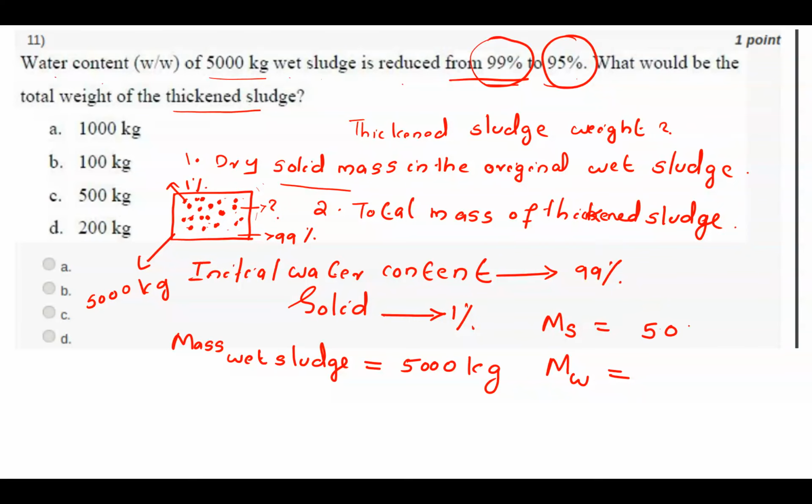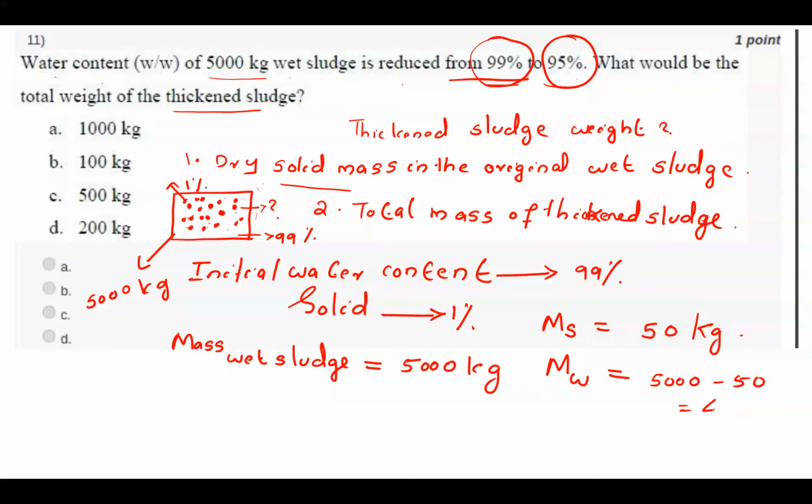What will be the remaining? That means 5000. You can just calculate this.